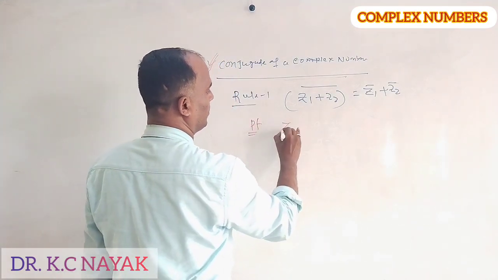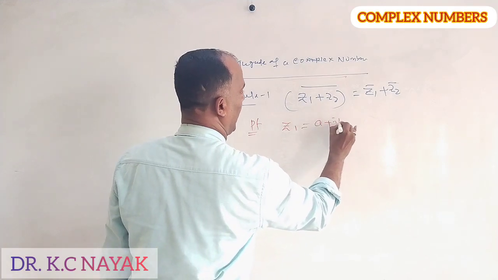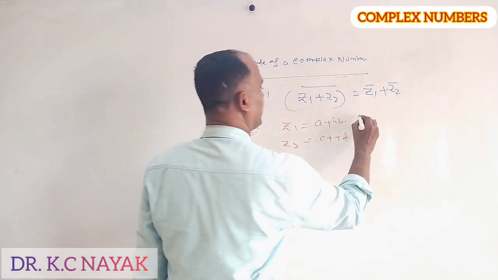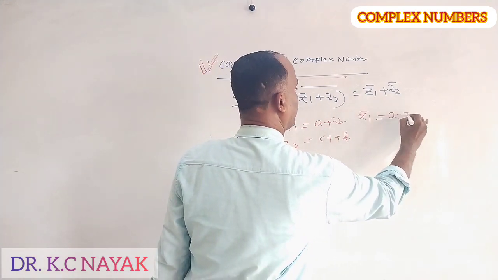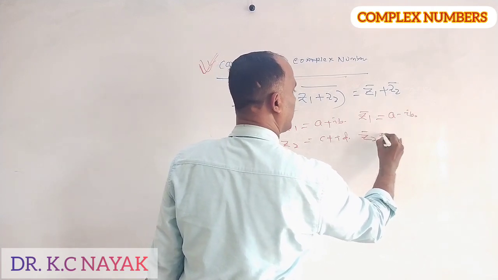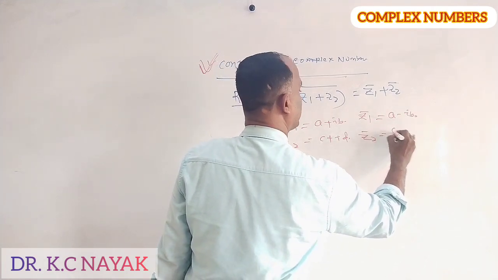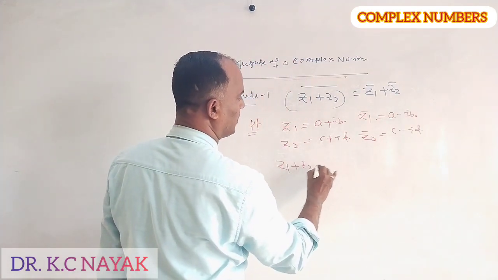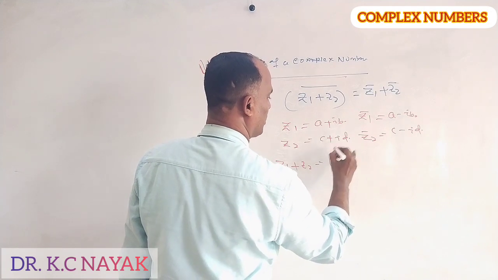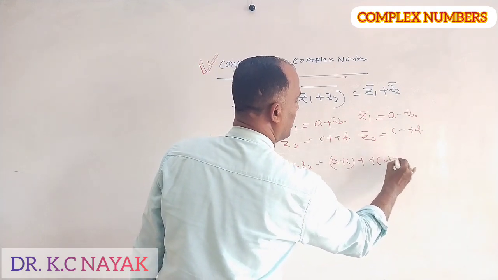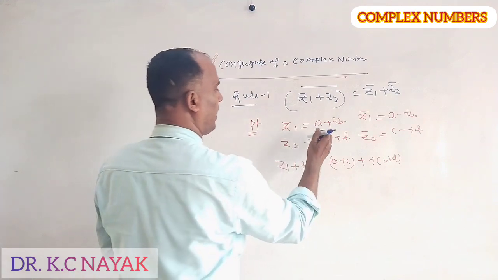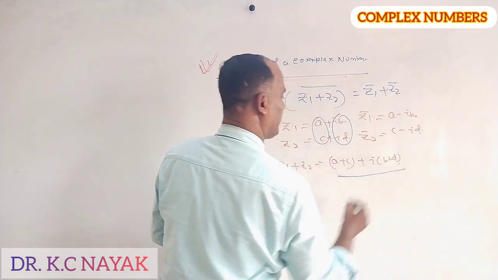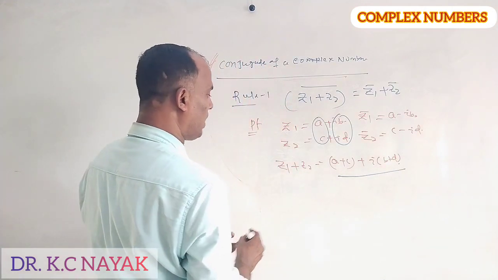Suppose z1 is equal to a plus ib, z2 is equal to c plus id, then z1 conjugate is equal to a minus ib, and z2 conjugate is equal to c minus id. So z1 plus z2 is equal to a plus c, real part to real part, plus i into b plus d, imaginary part to imaginary part. That is a plus c plus i into b plus d.